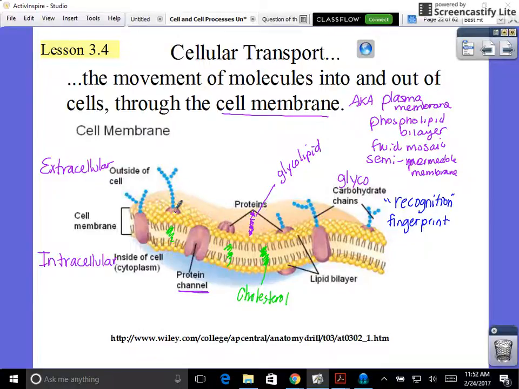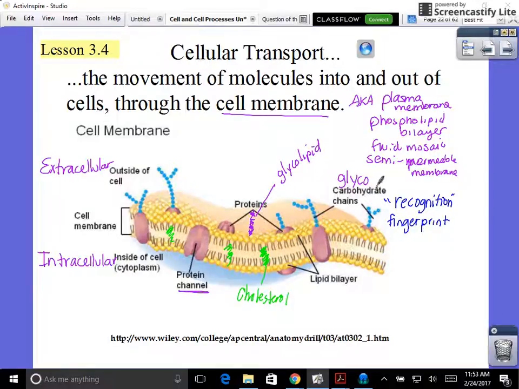Attached to some of these proteins are carbohydrate chains, so they're in blue. Now I want to remind you, glyco means carbohydrate, it means sugar. And if this carbohydrate chain is attached to a protein, we call it a glycoprotein. Right here, we drew a carbohydrate chain, and that's attached to the lipid, so it's called a glycolipid.